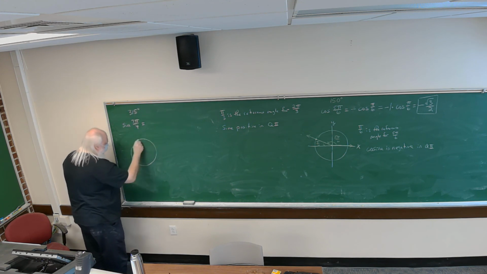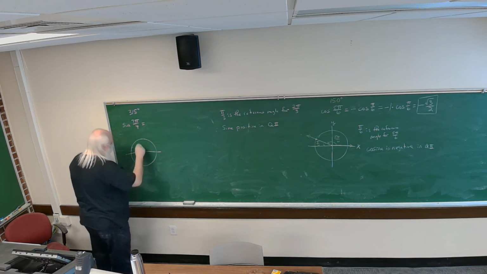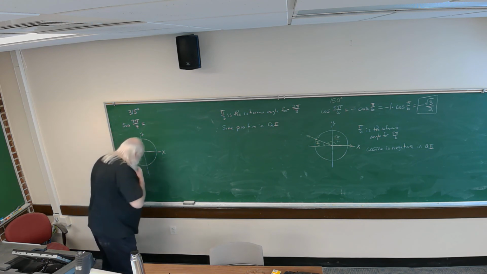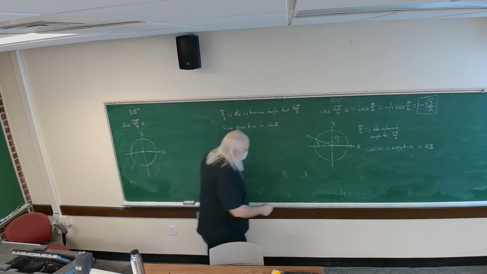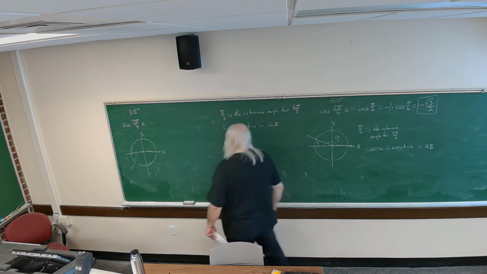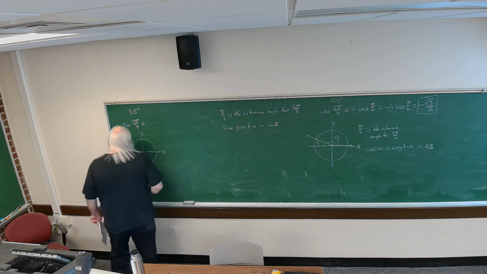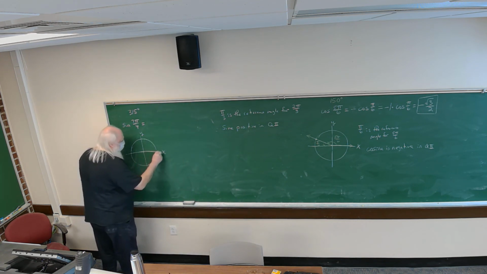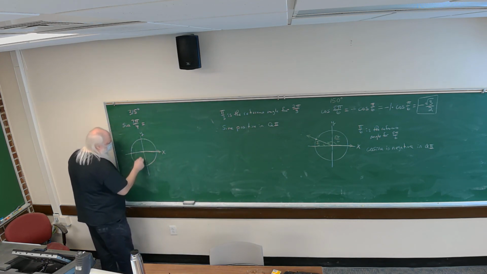So here's my unit circle. Here's the initial side. And 315 degrees is more than 270 but less than 360.